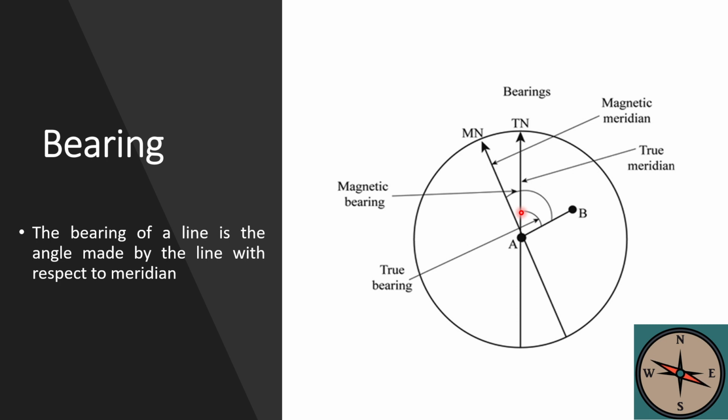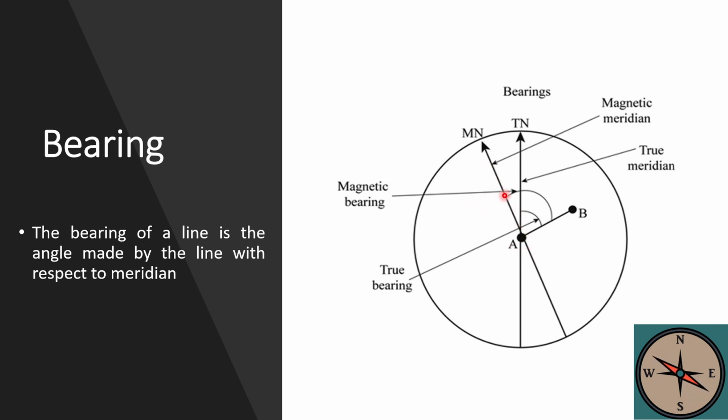So these are the two lines. This is the geometric south and this is the geometric north, so there will be two norths. This is your true meridian and this is your magnetic meridian.